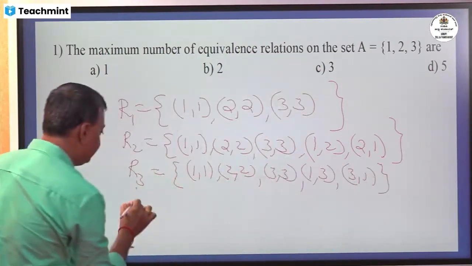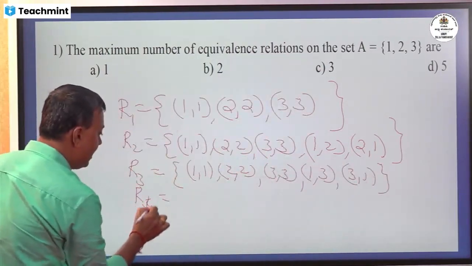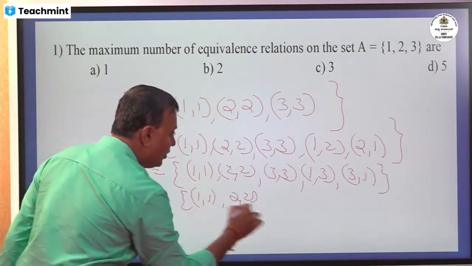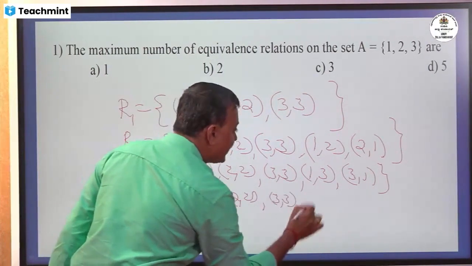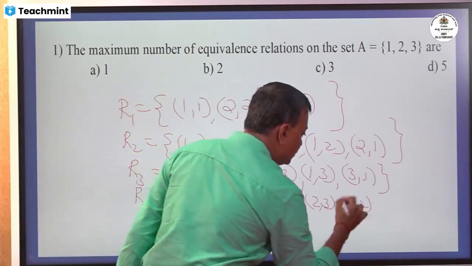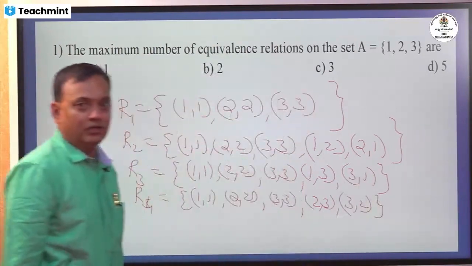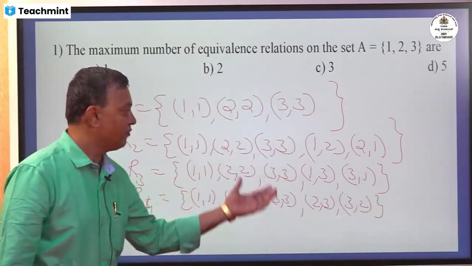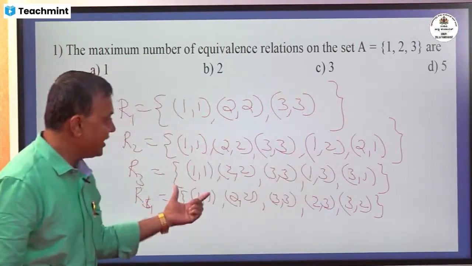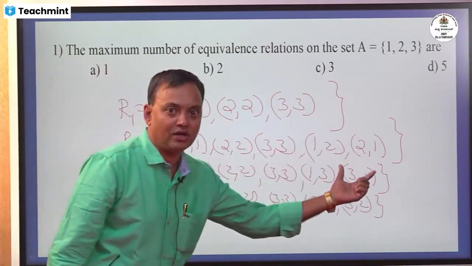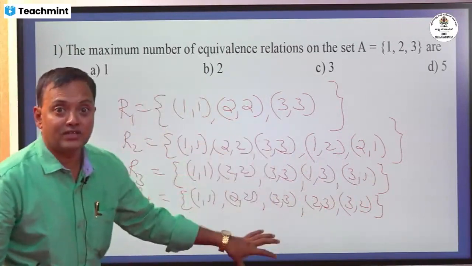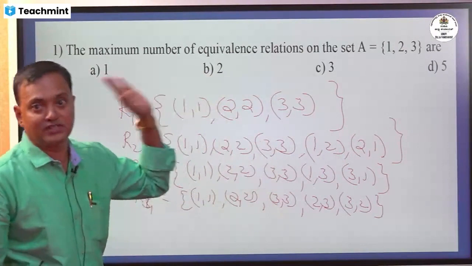Next R4: (1, 1), (2, 2), (3, 3), next (2, 3), (3, 2). So these are 5 ordered pairs each: the identity plus the remaining two distinct ordered pairs. So R2, R3, R4 are reflexive, symmetric, transitive, that is, equivalence relations.